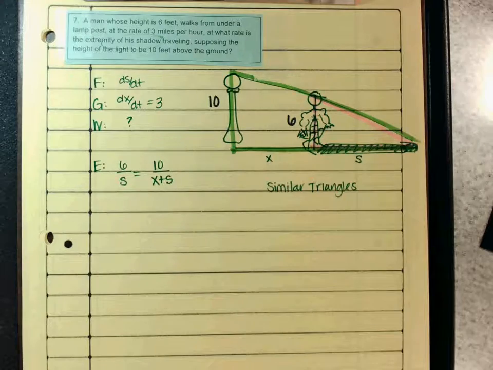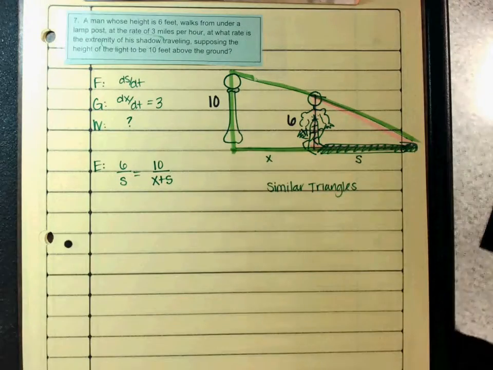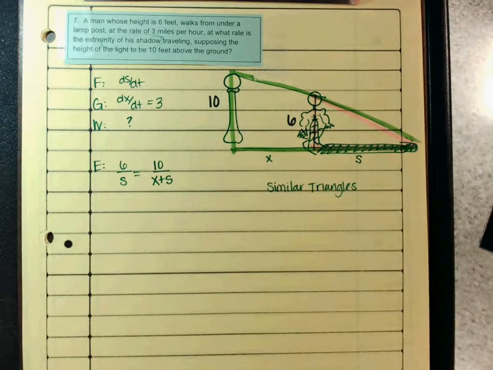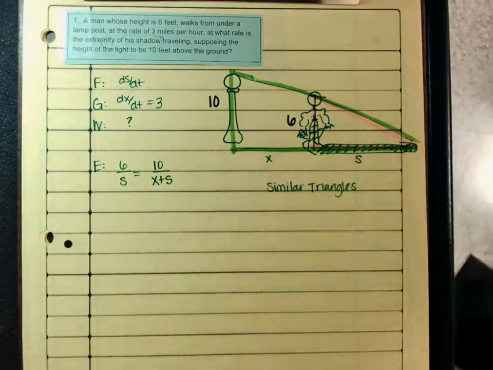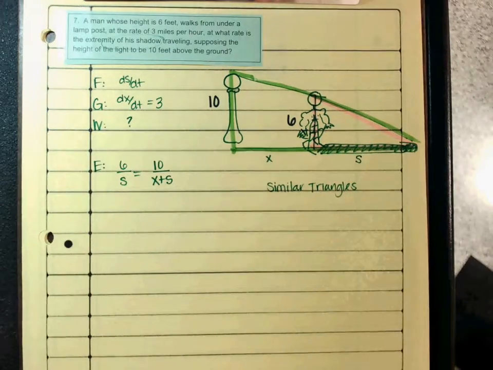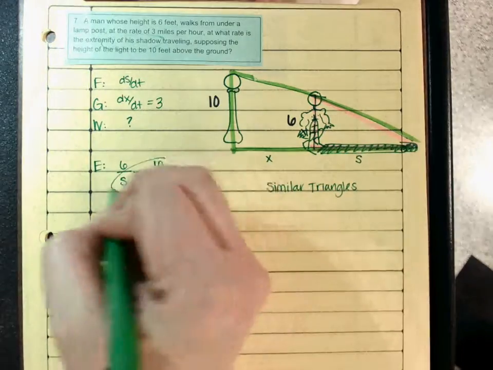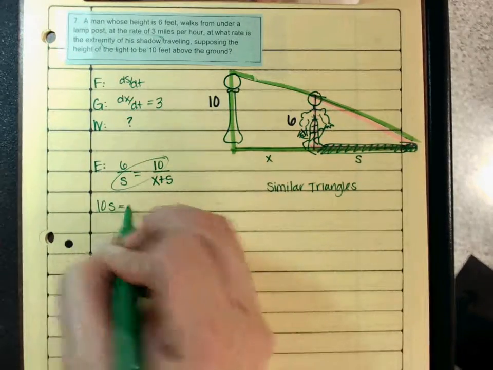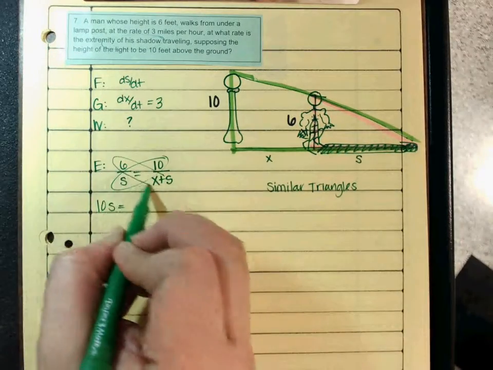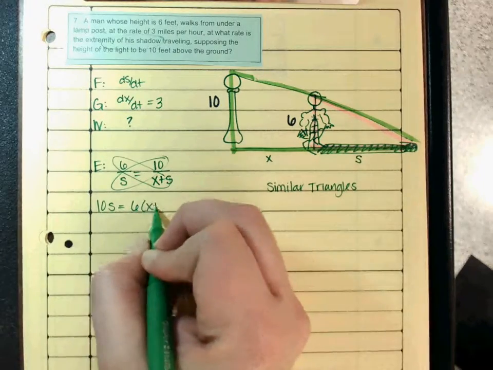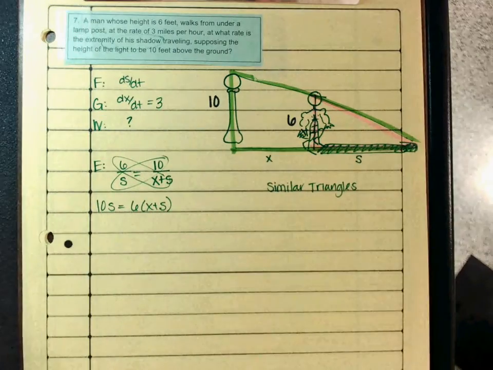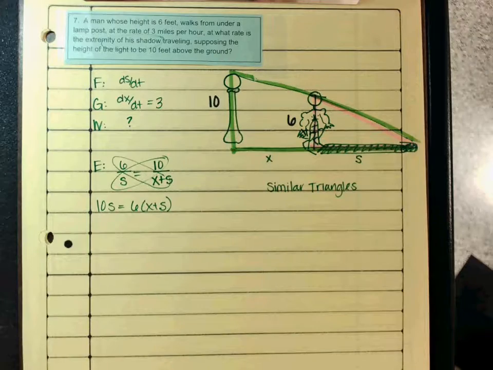Okay, what I want you to do now is cross multiply and then simplify it to where you don't have multiple S terms. So what is S times 10? 10S. And then on the other side, I have 6 times X plus S. So I'm going to have to do a little bit of distributing there. So that'd be a 6X and then a 6S, yeah?